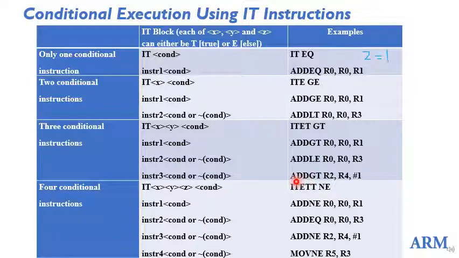So you can note here, unlike your if statement in the C program or the branching instructions, wherein you should have the if block together and the else block together, you cannot mix up the instructions to be executed in the if block and the instructions to be executed in the else block.